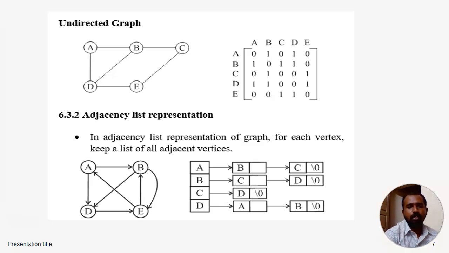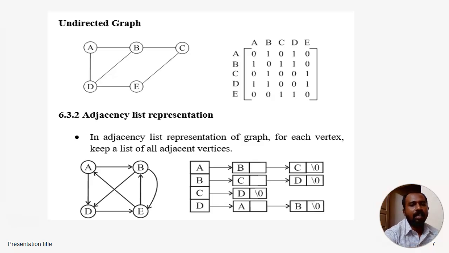Here there is no arrow mark, so we can choose any direction and make the traversal. So A is traversed to B and D. So we put A comma B 1 and A comma D 1. Remaining nodes are zeros.